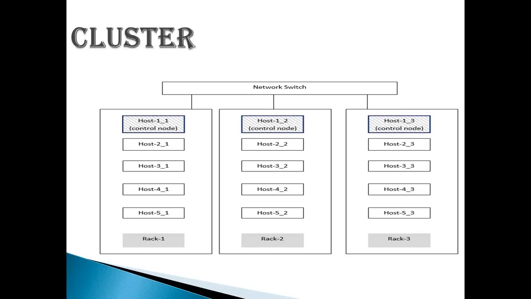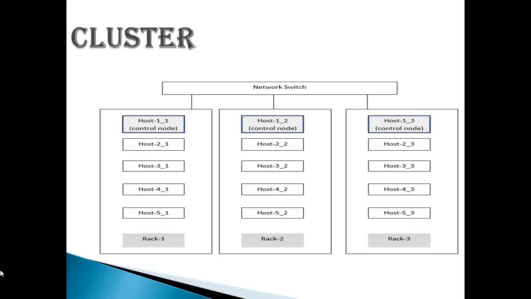But another question that comes to your mind is, this rack contains some different data and these two racks contain some different data. So when one of your racks has gone down, how are we going to work with rack 2 and rack 3? That can be a general question. But in Hadoop, we have a concept called replication.